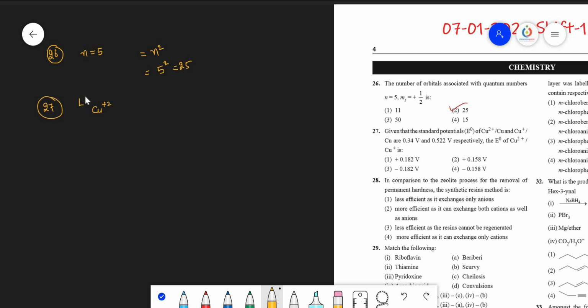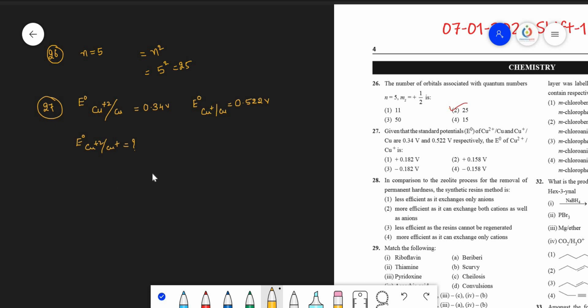The E0 value of Cu plus 2 by Cu is 0.34 volts. Similarly, E0 of Cu plus by Cu is 0.522 volts, but they are asking us to calculate E0 of Cu plus 2 by Cu plus.